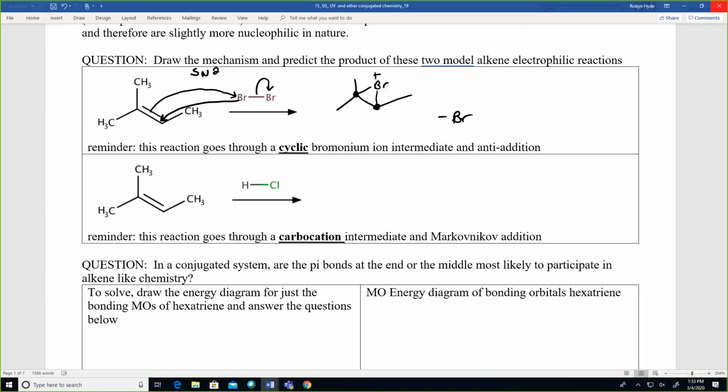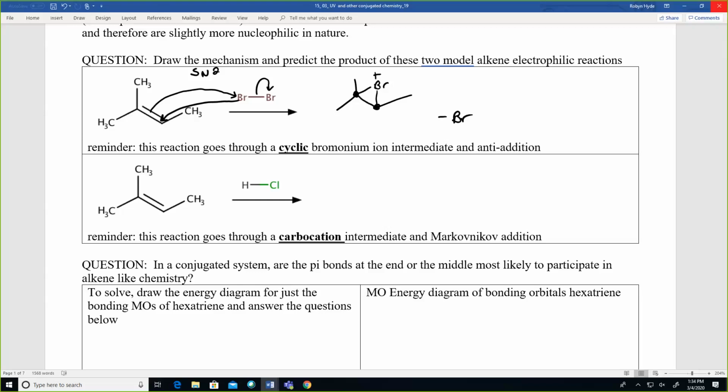Bromine is large, which means it's polarizable, but it's electronegative, so it's kind of stable with charge. So how nucleophilic is that bromide? Very strong, moderate, weak? Yeah, I'd go moderate to weak.